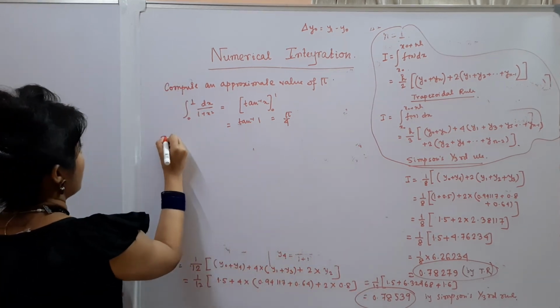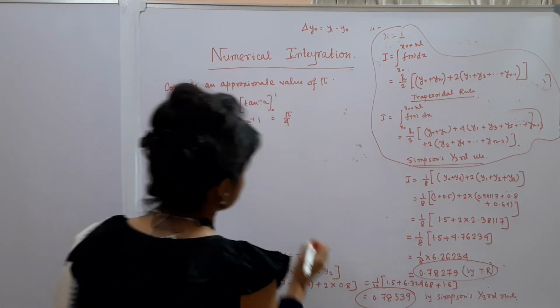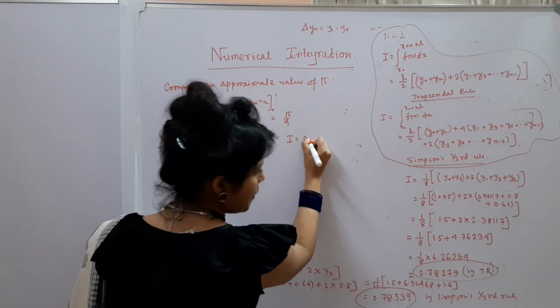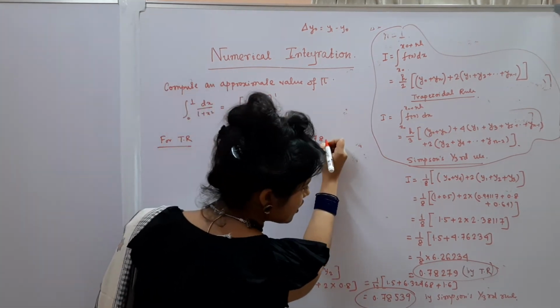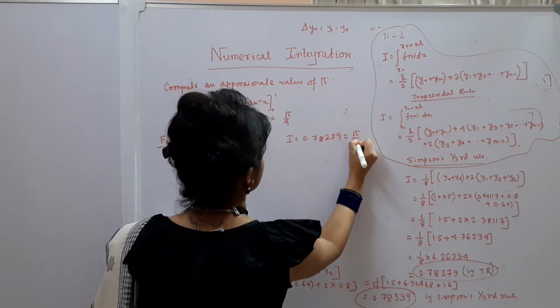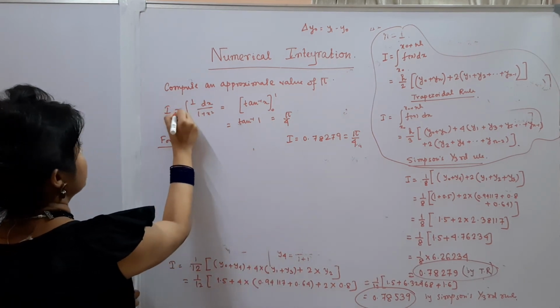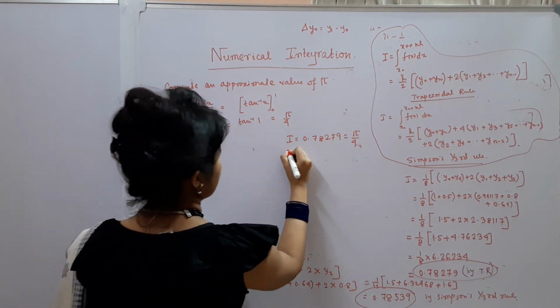Now for trapezoidal rule, the I was 0.78279, and that is actually pi by 4, because this is again I, so this is pi by 4.